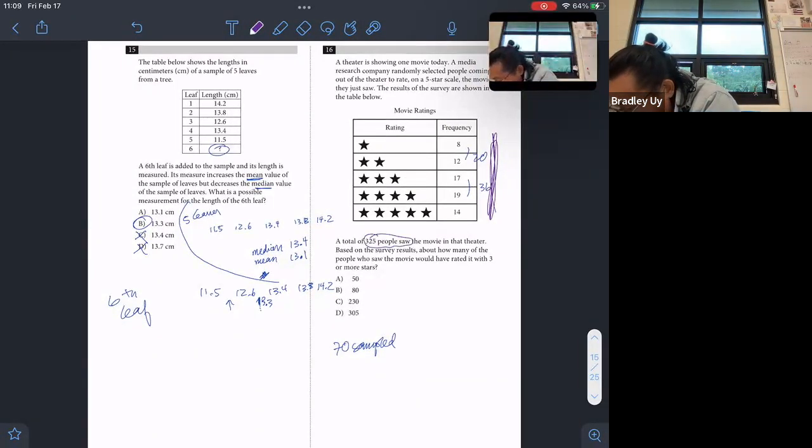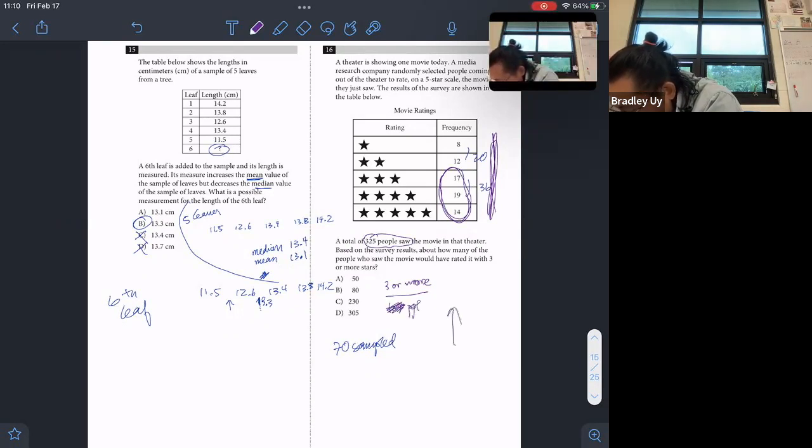Okay, how many people who saw the movie would have rated with 3 or more? Okay, so you have to understand this sample, which is that's 50 people in a sample of 70. So 3 or more, and this would be total people.